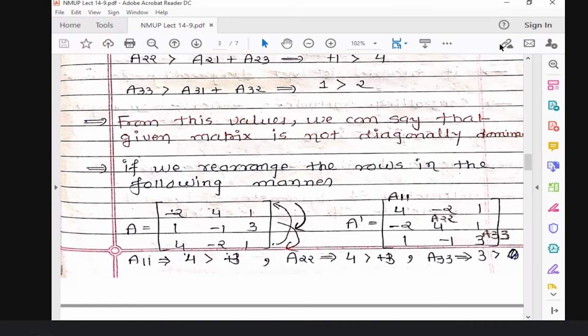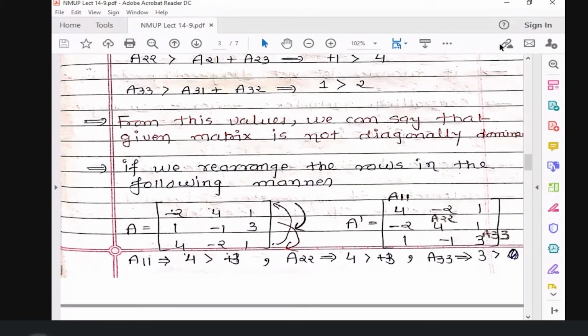So this one is my initial matrix A, and in A these are the values, right? Now I'm just rearranging the rows. I'm taking the third row as the first row, that is 4, minus 2 and 1. Then the second row as the third row, so 1, minus 1 and 3. And the remaining first row as the second row, so minus 2, 4 and 1.